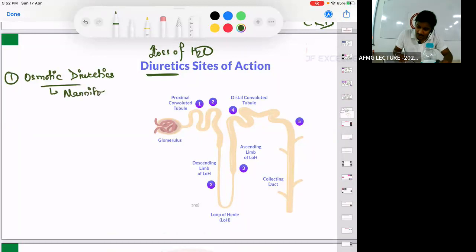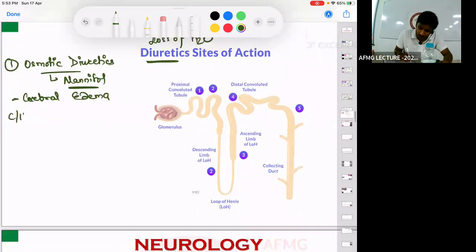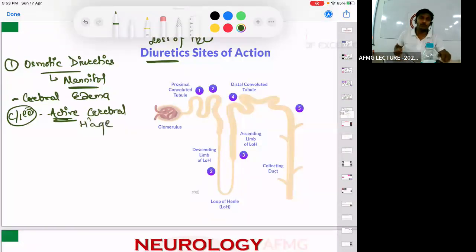It is usually used for cerebral edema, but it is absolutely contraindicated in active cerebral hemorrhage. Why did I write active? Because it is important, they can play with this in the question. Please remember, mannitol is used in cases of cerebral edema, right?